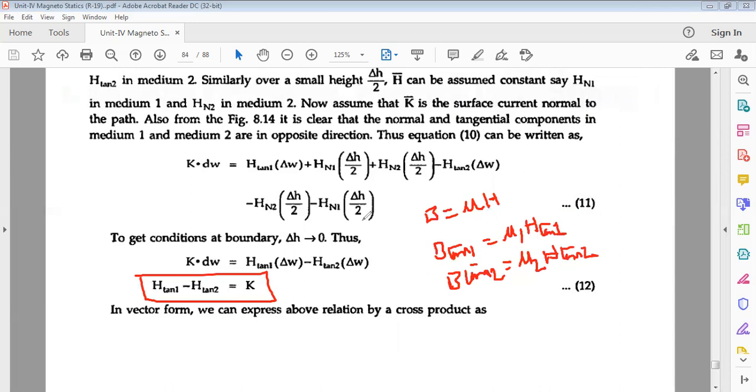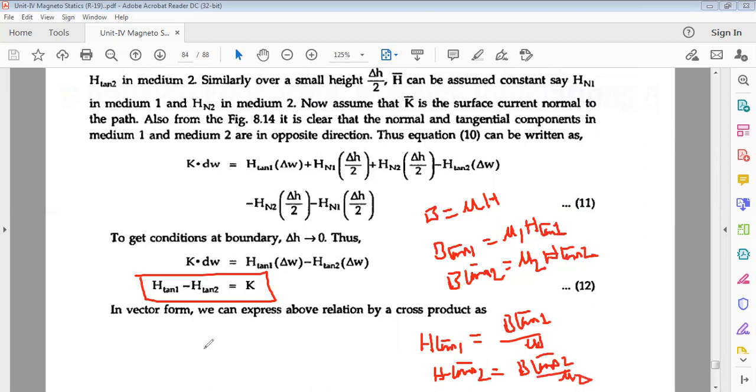Already we know H tan 1 minus H tan 2 is equal to K. So H tan 1 is equal to B tan 1 by mu1, and H tan 2 is equal to B tan 2 by mu2.